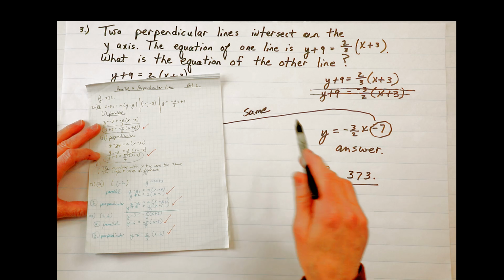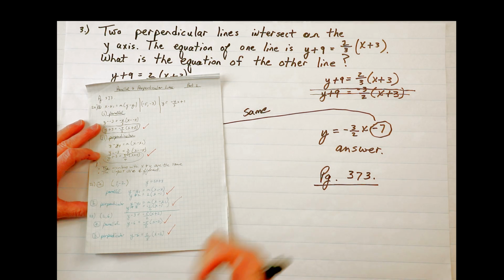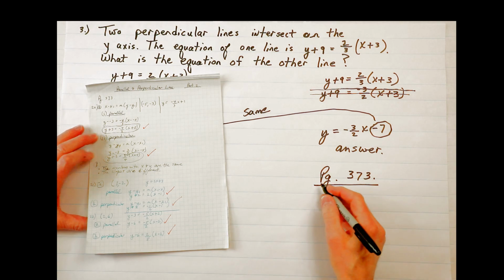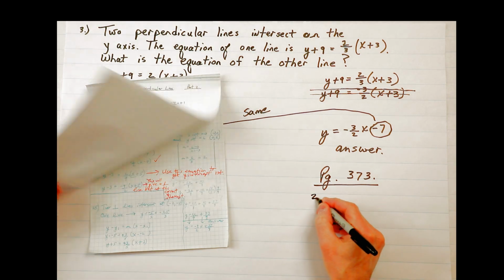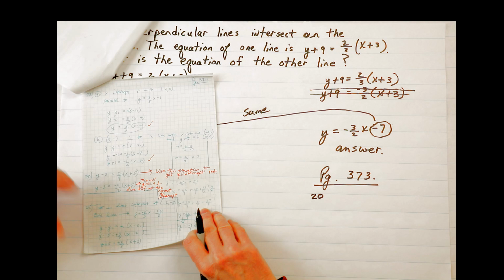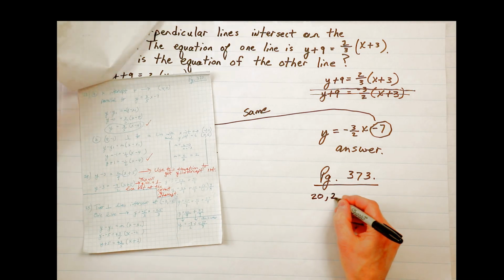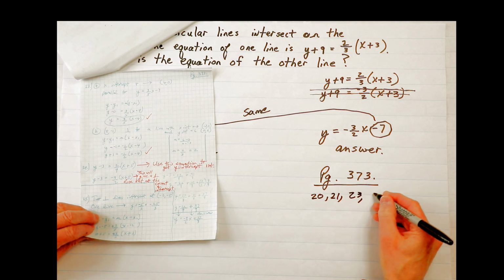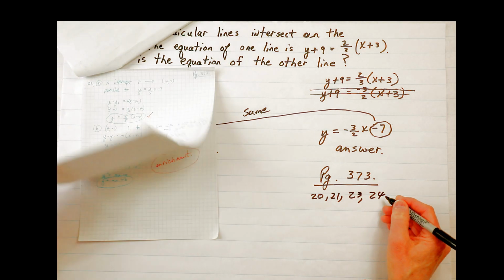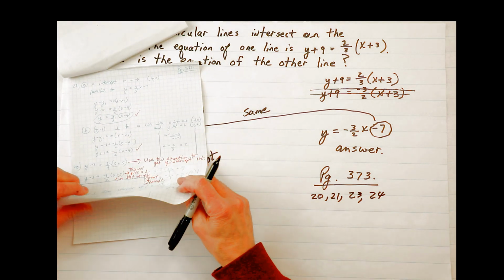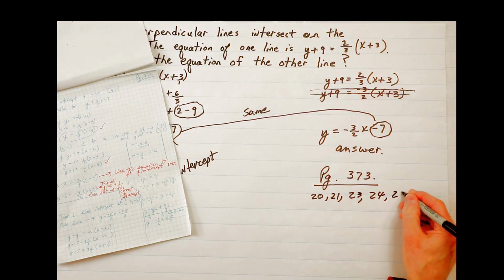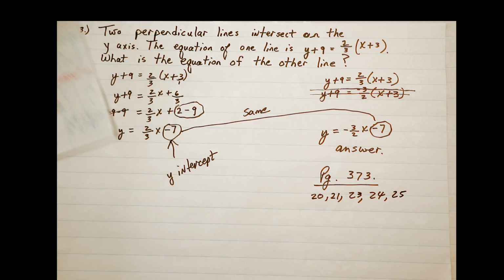And we did the slope questions last day, and today we're doing the equation questions. So on page 373, you can do 20, 21, 23, 24, let's see, 25, yes, and 25. Those are good questions to practice on.